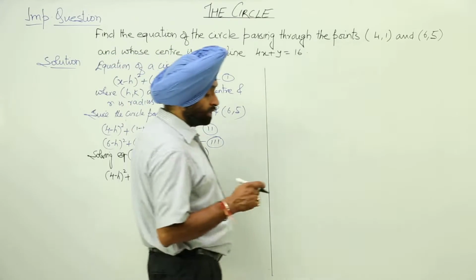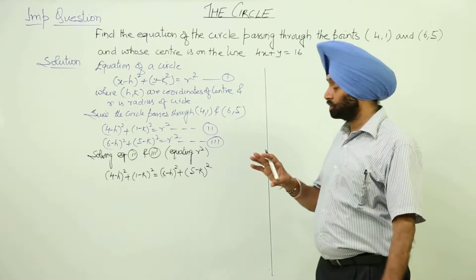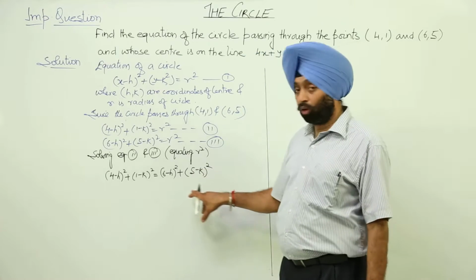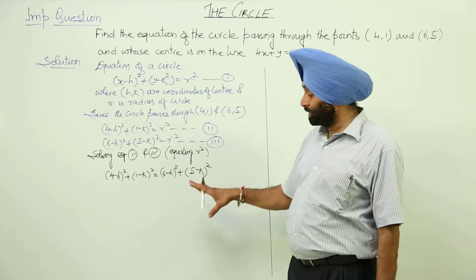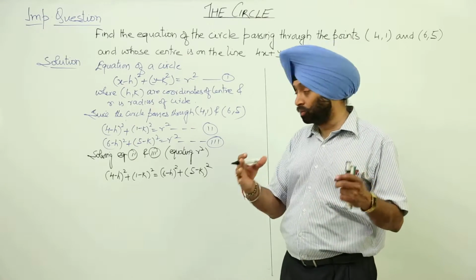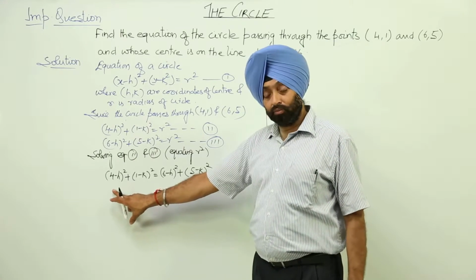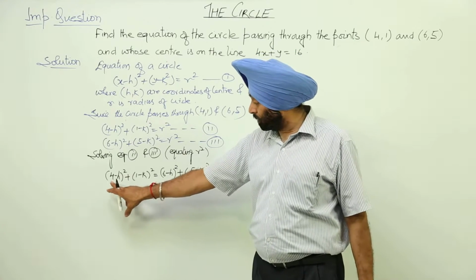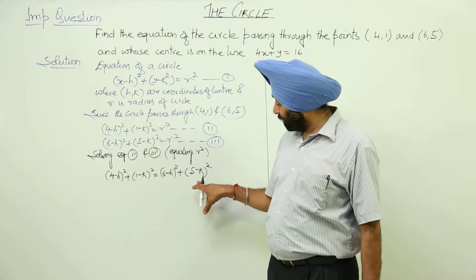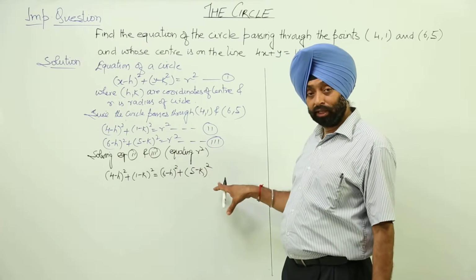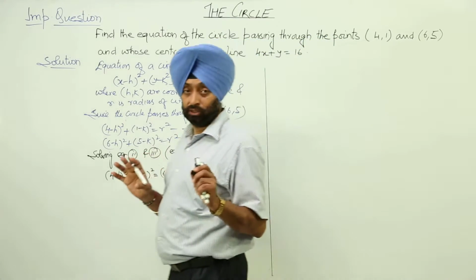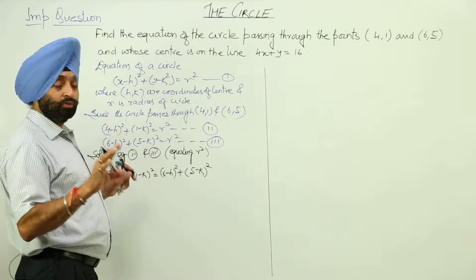Now, here you can do two simple things. Number one is we can just put the identities here for all the terms and then solve it. Second thing, which is easier, in my opinion: take the variable h on one side, it will become (4 − h)² and (6 − h)², then (5 − k)² and negative of (1 − k)², and apply a² − b². That is much easier. So, as you wish, do it.